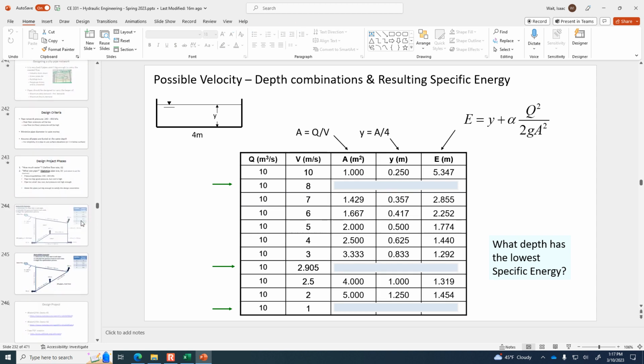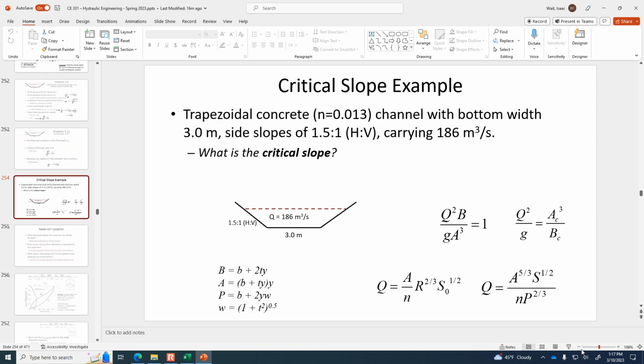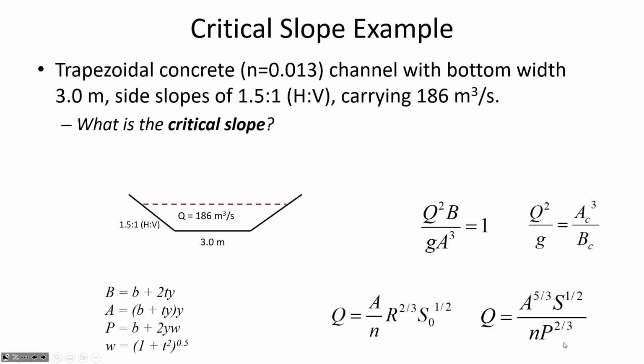So that's what this next part is about that we're talking about today: critical slope is the slope that would give you a depth in the channel equal to the critical depth. So this is a trapezoidal channel. You can see it's carrying 186 cubic meters per second.